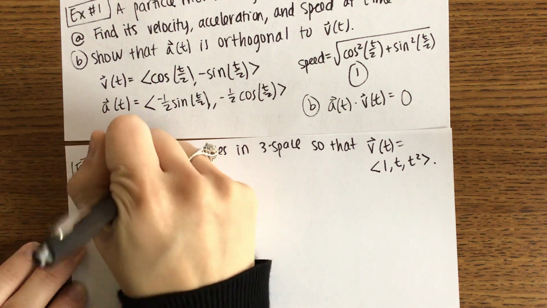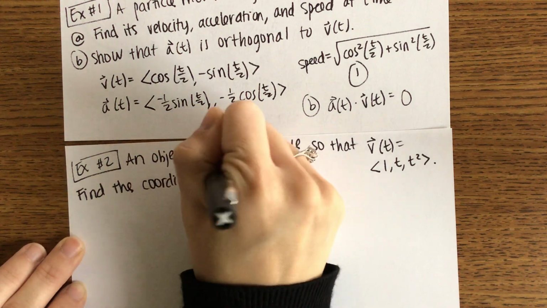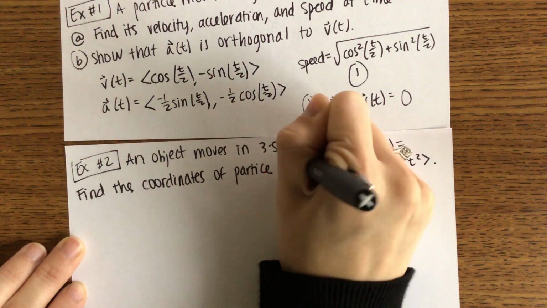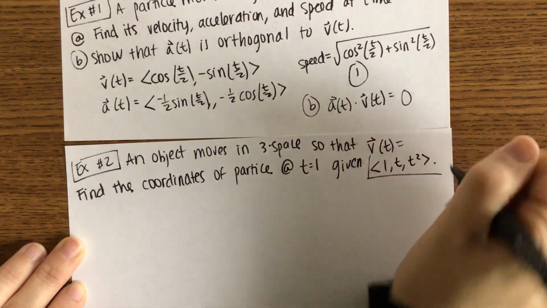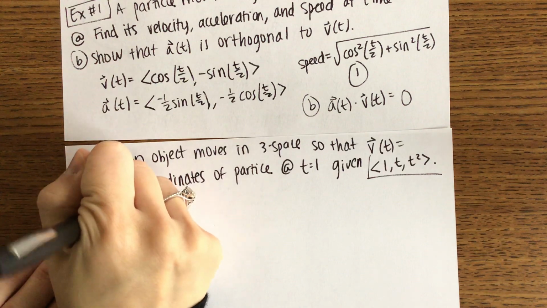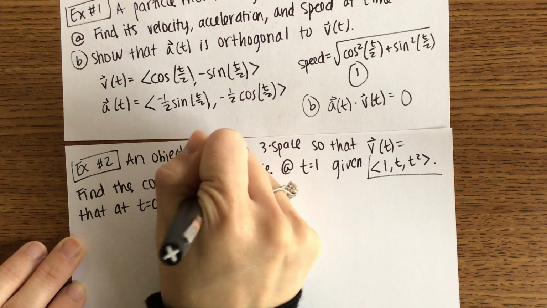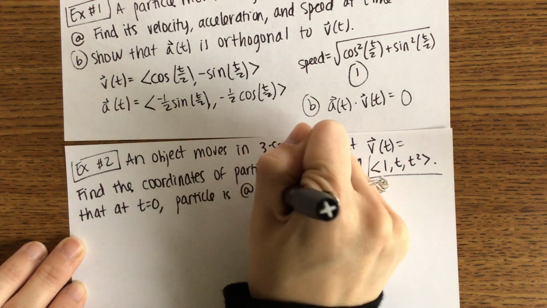Find the coordinates of the particle at t equals 1, given that at t equals 0, the particle is at (-1, 2, 4).